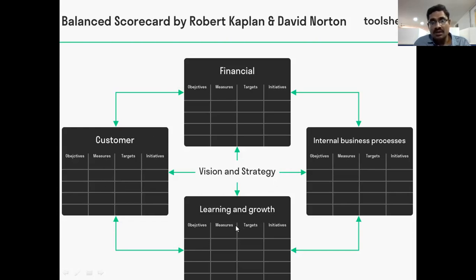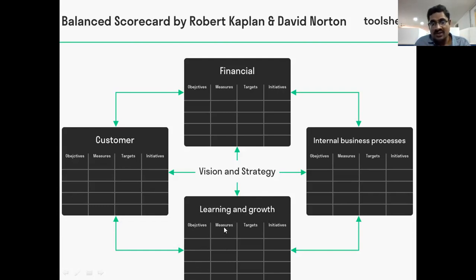And coming to the third thing, we need to prepare vision and strategies for learning and growth of our organization. So objectives: what are the objectives we have to develop our organization? For this purpose, what we need to learn and what we need to do for the growth of our organization. Those are the objectives.